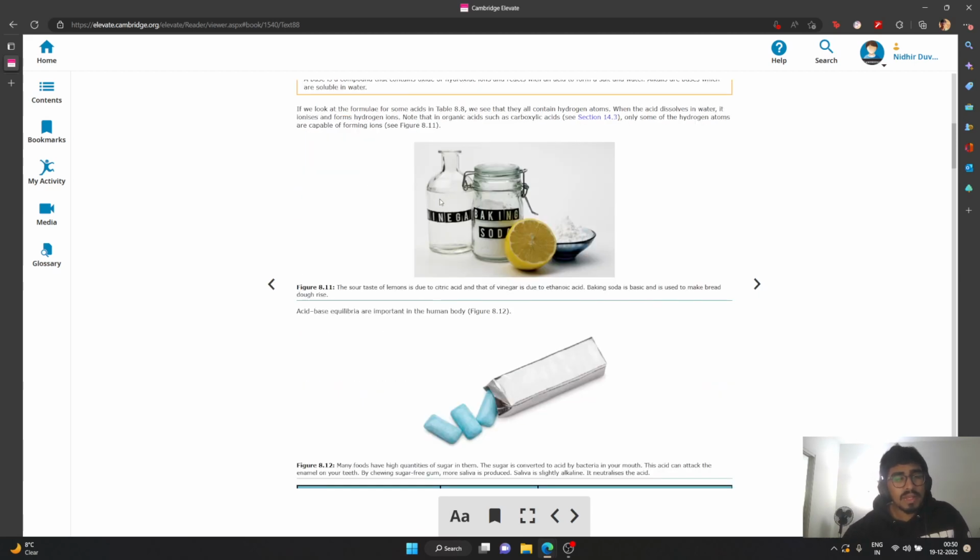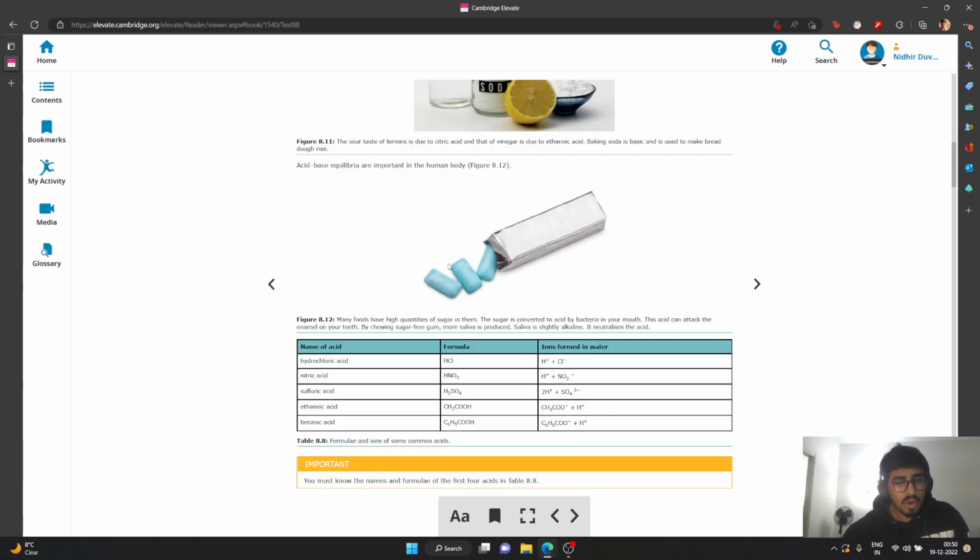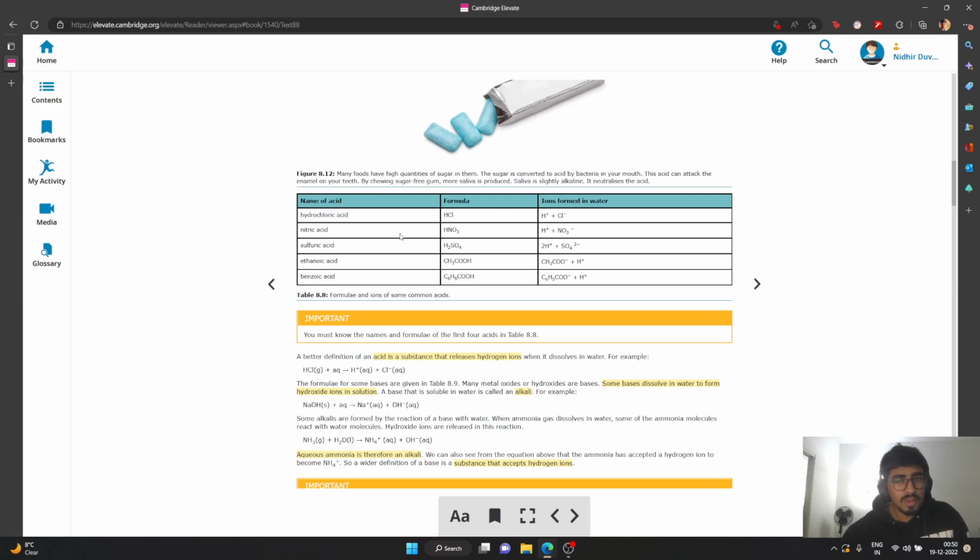Then they started defining acids in a broader way. Examples there are HCl, HNO3, H2SO4. These are all inorganic acids. But then you have some organic acids which have, of course, carbons in them, so you call them organic acids. So benzoic acid, ethanoic acid, acetic acid, and stuff like that. Acetic acid is nothing but ethanoic acid.